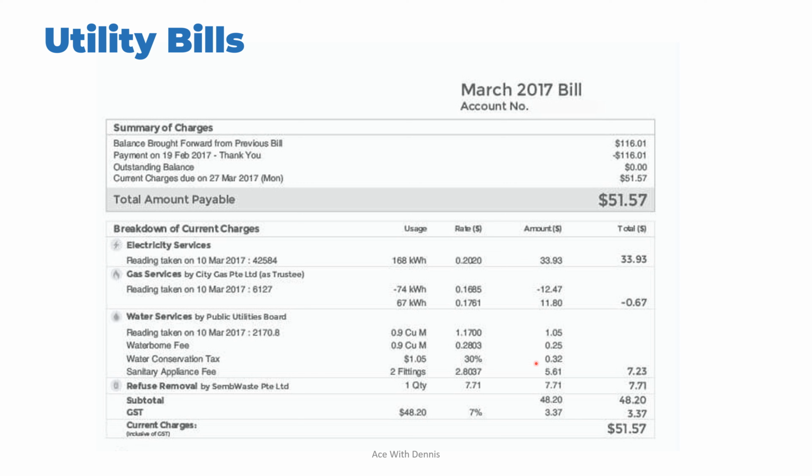The amount is just the usage multiplied by the rate, then followed by the total here. This charge was in 2017, which was a very old rate, so in the next page, I will show you the current charge. At least in this slide, you have a rough idea of how we can interpret utility bills.